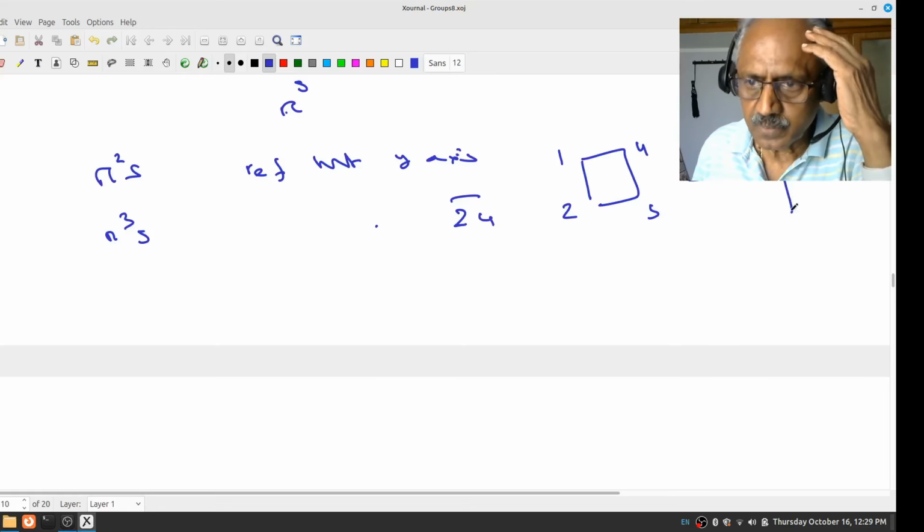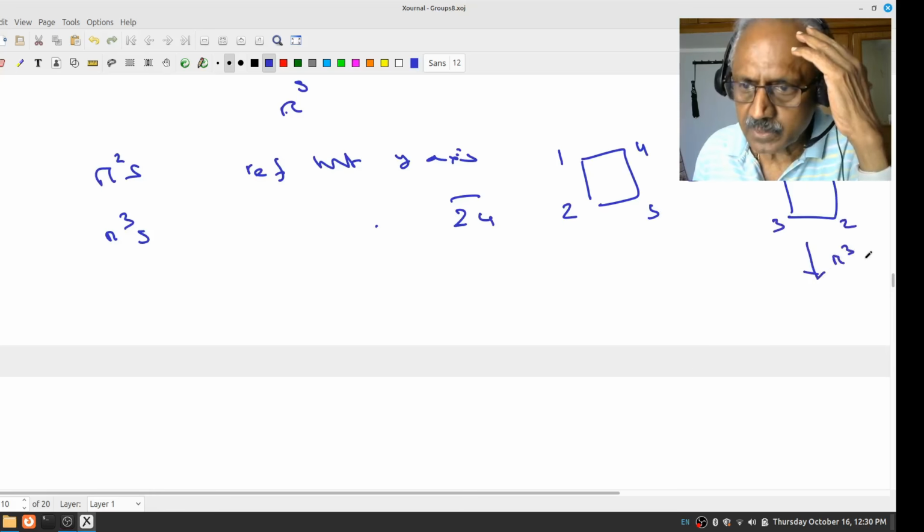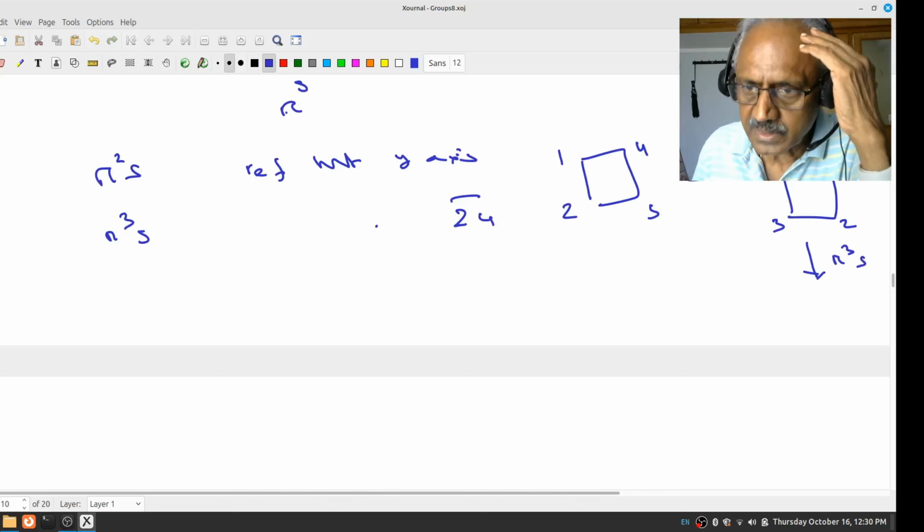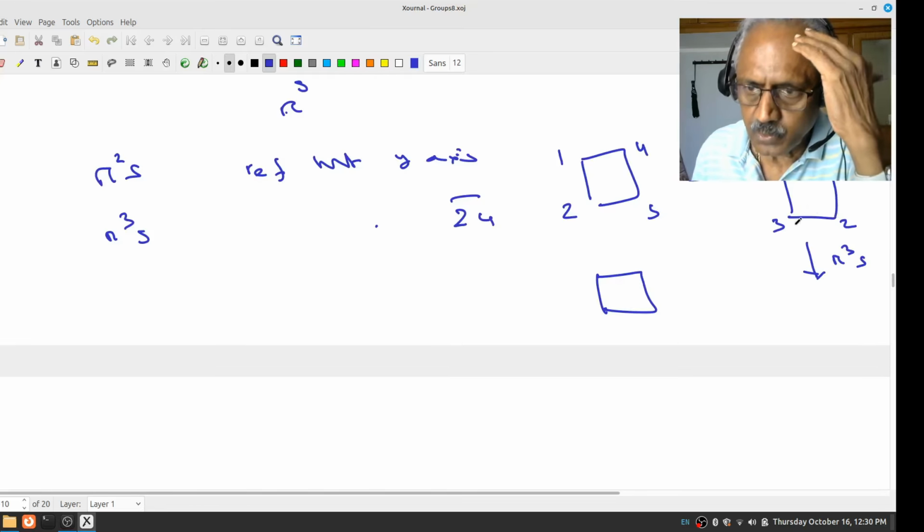It goes to reflection with respect to the y-axis, therefore 4, 1, 3, 2. Now under r cubed s, that is with respect to this axis, therefore 2 and 4 go here. 2, 4 is this one.